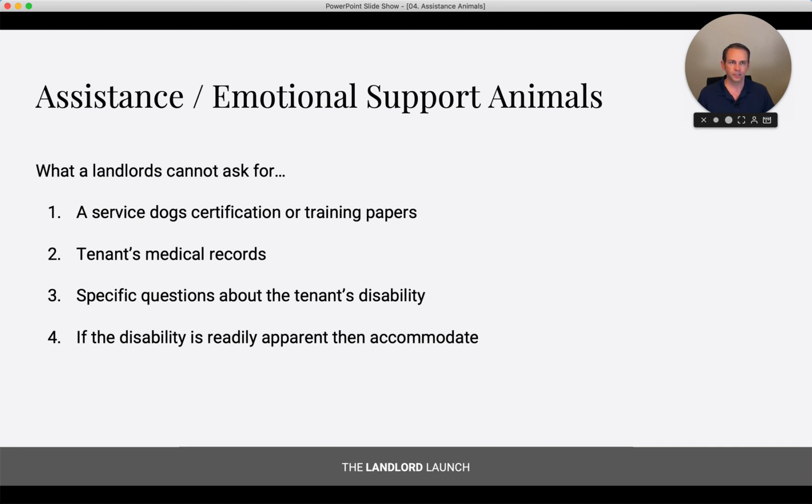How does it affect you? Have you ever hurt somebody due to this mental condition? You can't ask any of that stuff. Like I said, those first two questions that we talked about, and after that, that's it. And once again, if that disability is readily apparent, if it's obvious, be done with it. Accommodate, move on. If it's animal based, get your animal agreement, put it in place, and move on.